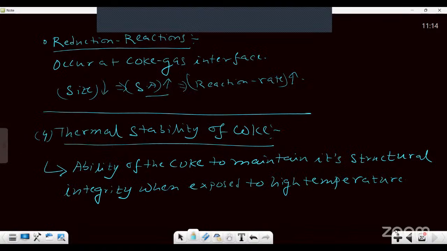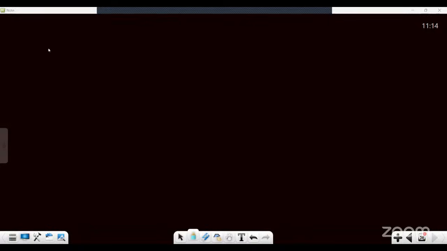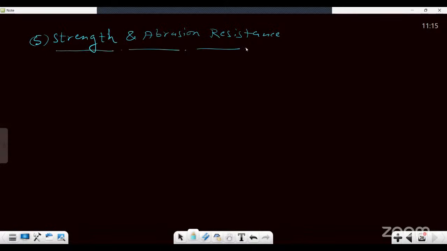Now, apart from that, the strength and abrasion resistance of the coke are also very important. Let us see what it is. First and foremost, the strength of the coke should be there. Now, why should abrasion resistance be there?